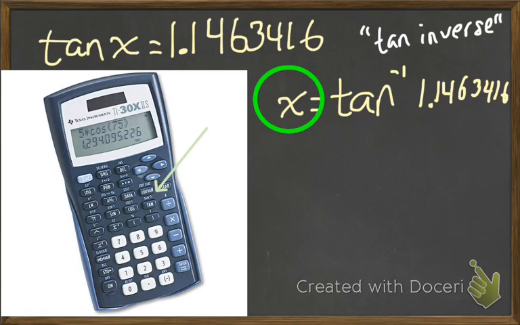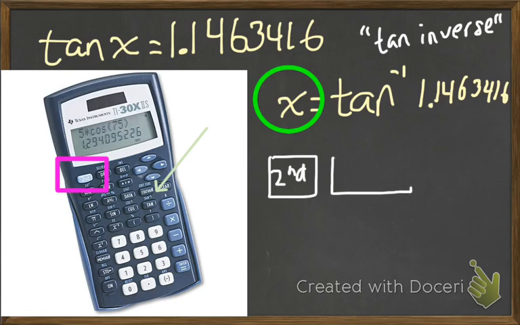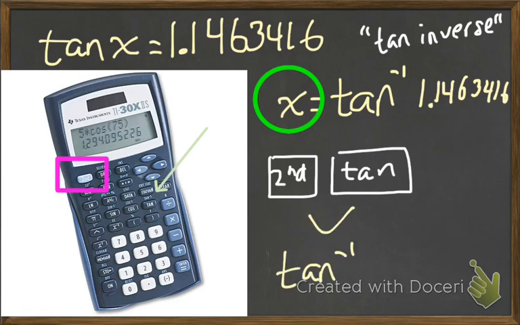So how you get that is you type in second, which is this button right here. Second. And then you hit the tan button, and what that does is it takes you to this upper command. It's like hitting shift on your keyboard. It takes you to the symbol right above the key. Okay, so second tan, which gives you tan inverse on your screen. You should see this on your screen now.